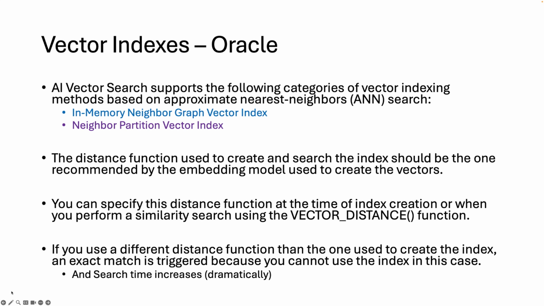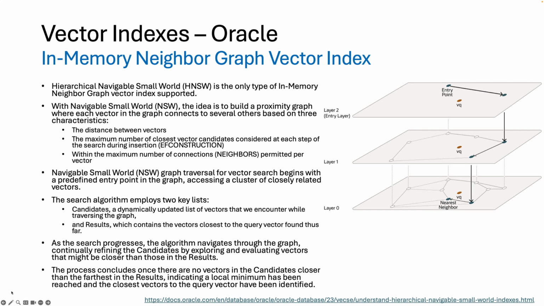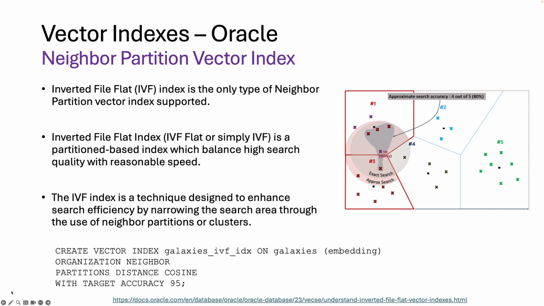So the in-memory one is based on our graph vector index, which works as I've described previously, and doing that in memory makes it really, really efficient, with almost real-time responses on what we're searching for. And then the disk-based one is to do with the inverted file format, using the k-means algorithms.